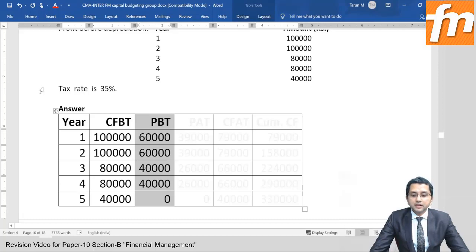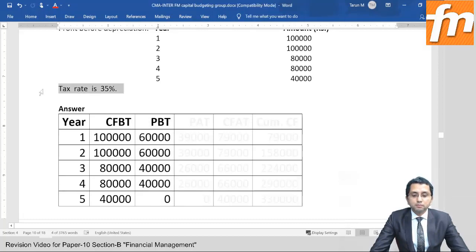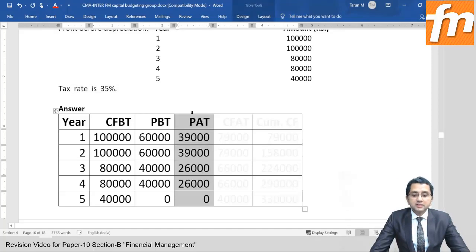Then the tax rate is 35%. So profit before tax will be simply multiplied by 0.65 to arrive at the profit after tax. 60,000 into 0.65 is 39,000. And 40,000 into 0.65 is 26,000. Then 26 repeats and then 0.